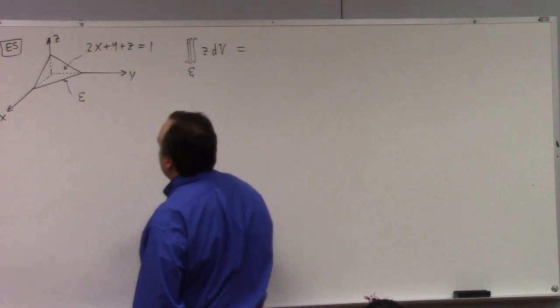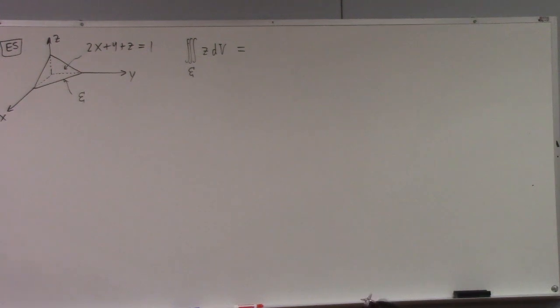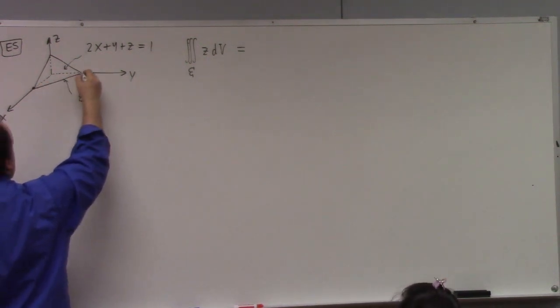Okay? So how do you set up a triple integral like this? What you have to do is come to an understanding of a set of inequalities which describes how you cut down 3 dimensions to that volume. It's helpful for me to have the equations of some different things on here, especially these vertices.